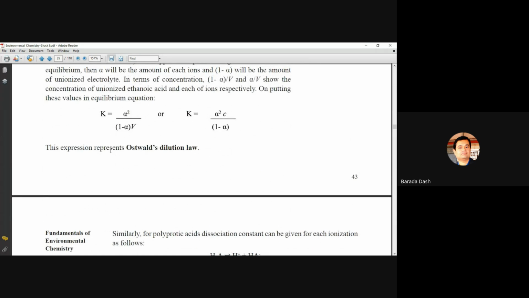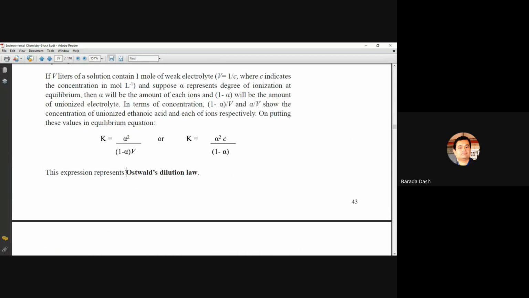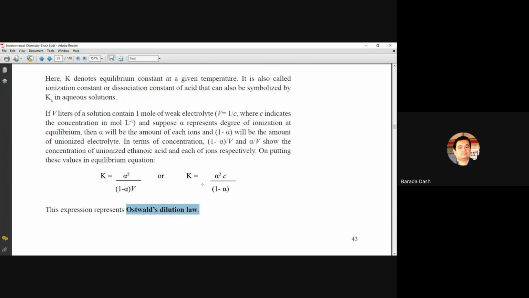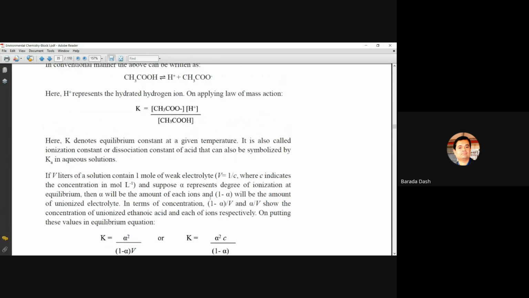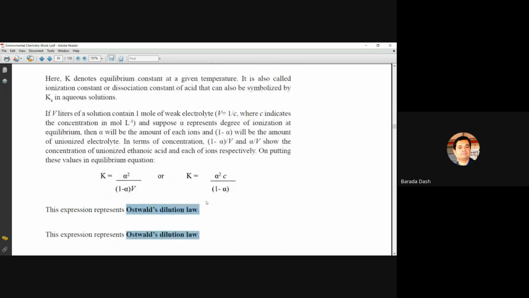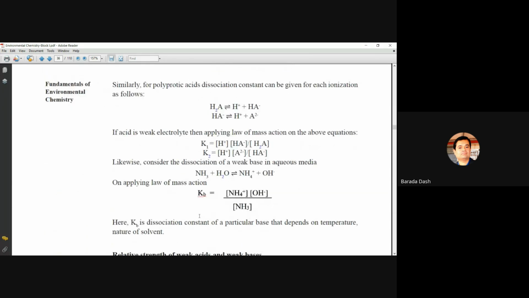So which law describes this acid-base equilibrium? That is called Ostwald's dilution law.